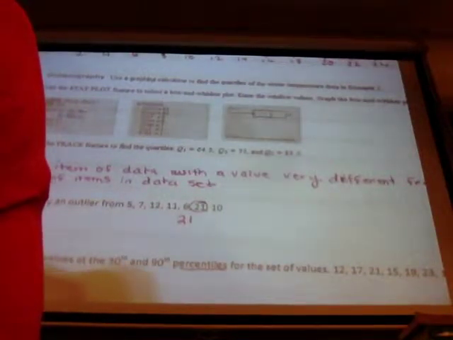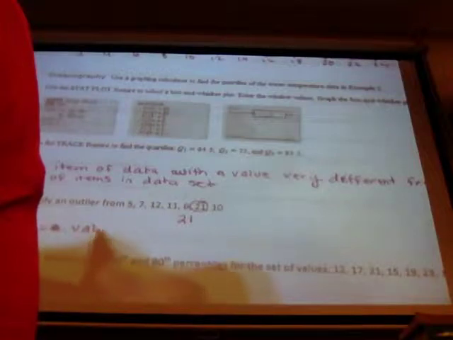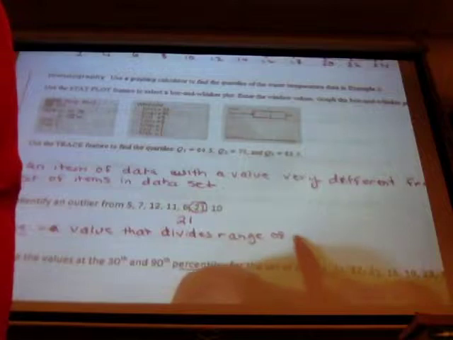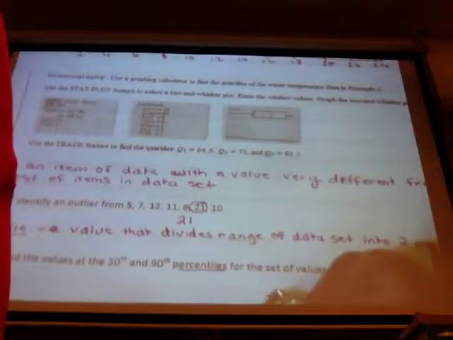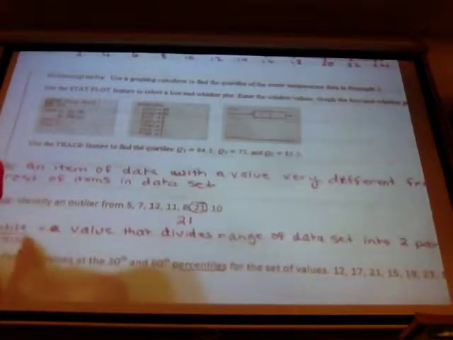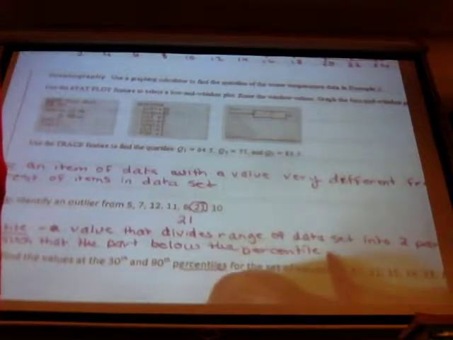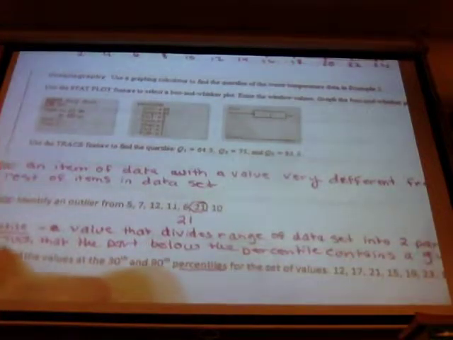So please put this into your note taker. A percentile is a value that divides a range of data set into two parts such that the part below the percentile contains a given percent of the data.